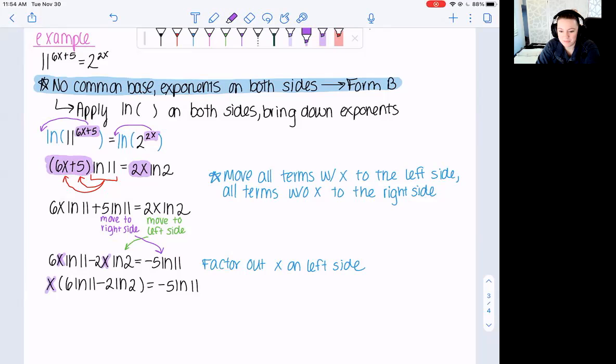No problem. Then all that's left to get x by itself is dividing both sides by 6 ln 11 minus 2 ln 2. So you're dividing by this hunk right here.